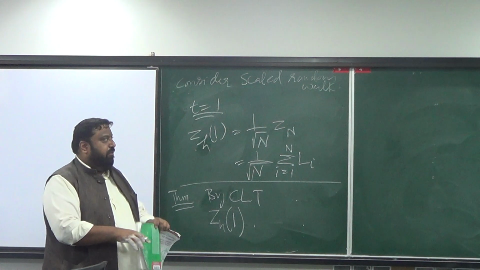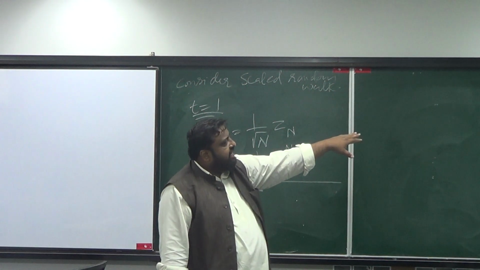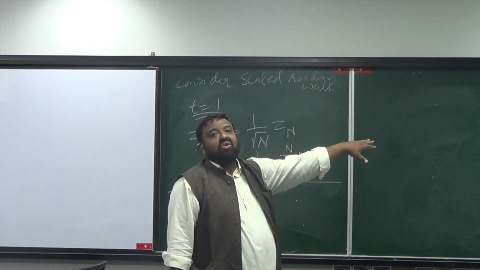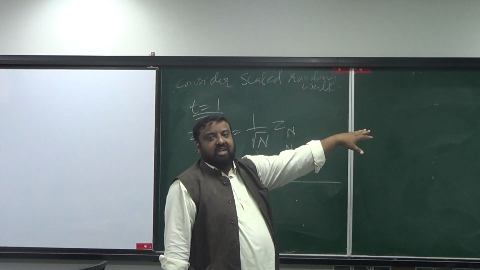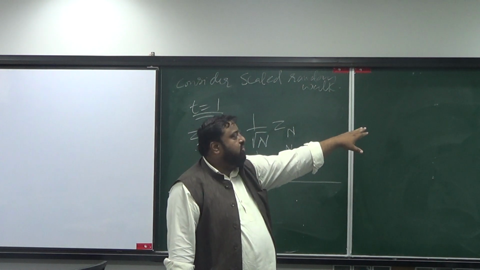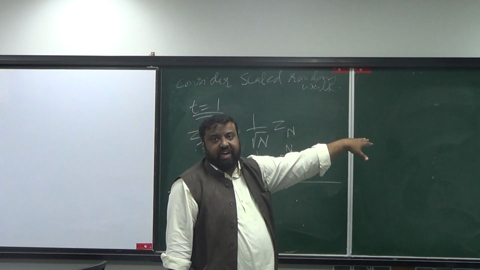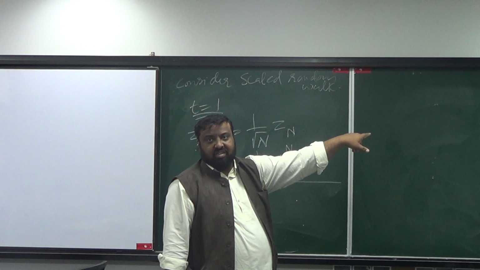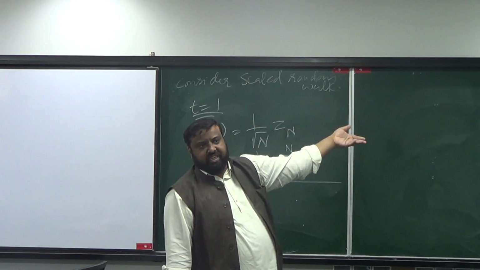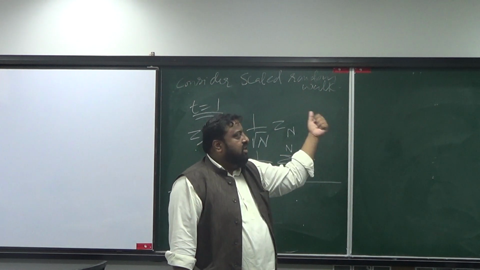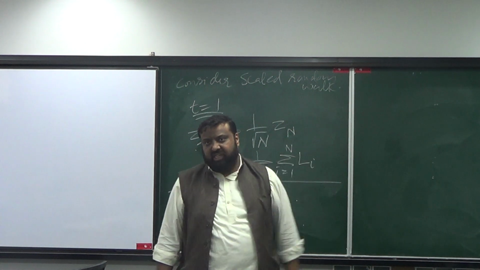If you want Zh to converge to standard normal, then you need to do what? You need to subtract the mean and divide by square root of h, which is the standard deviation. And that will converge by the CLT.